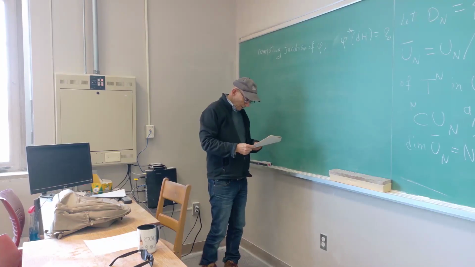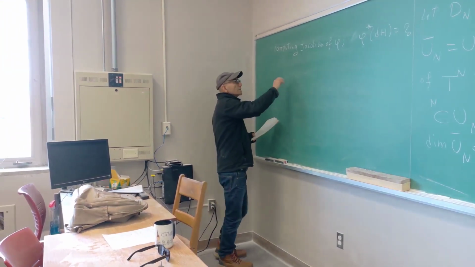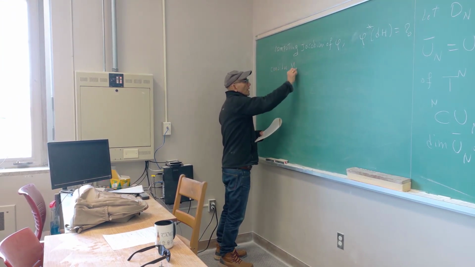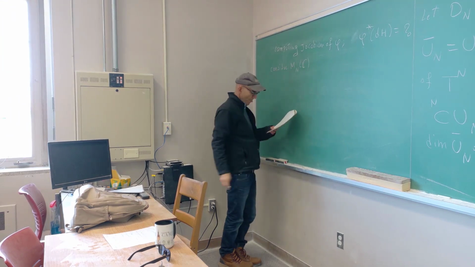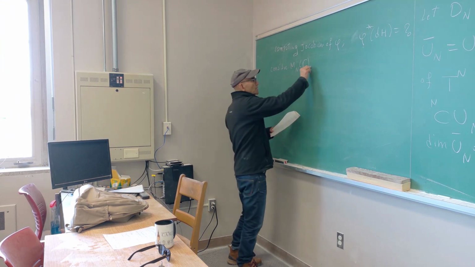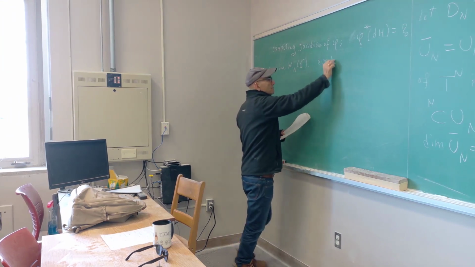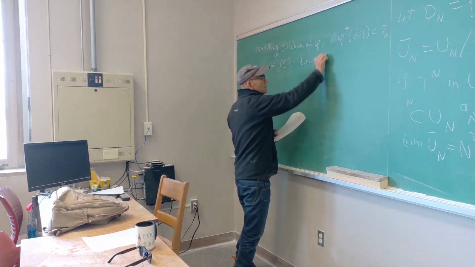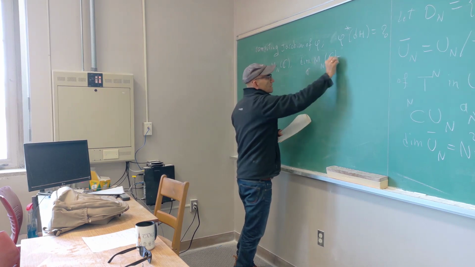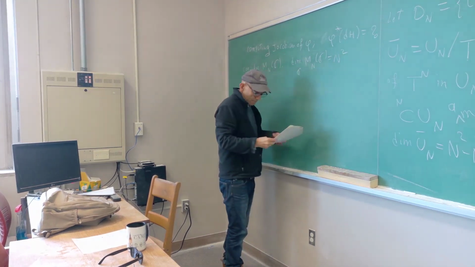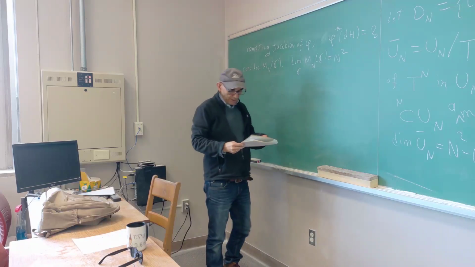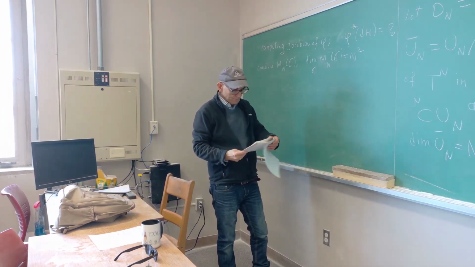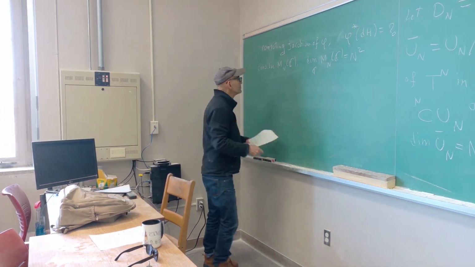Okay, so we need a little bit of preparation. So let's consider Mn of C again, as discussed. The dimension of this space over C is n squared, and over R is 2n squared, as I mentioned before. Now we're going to put an inner product here.